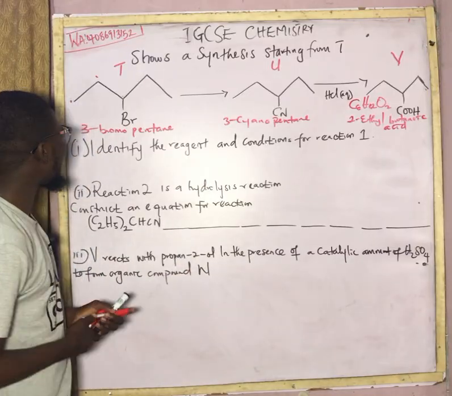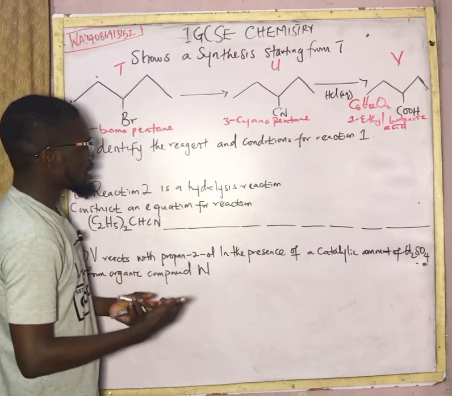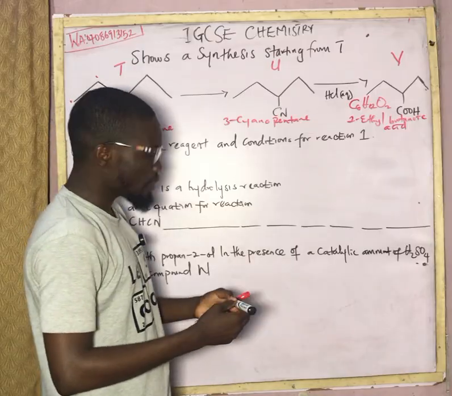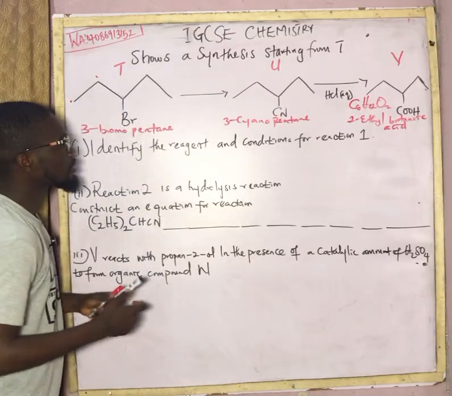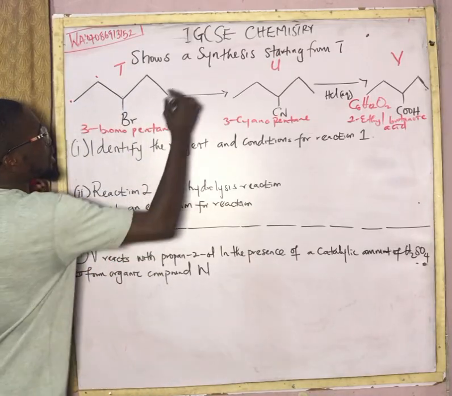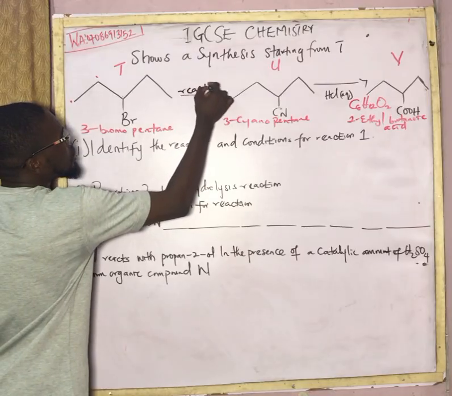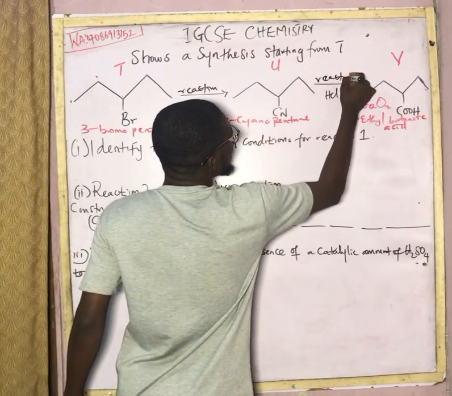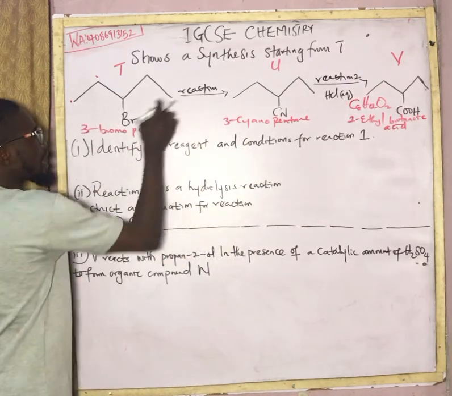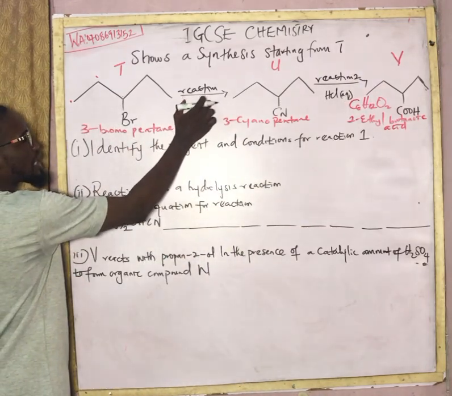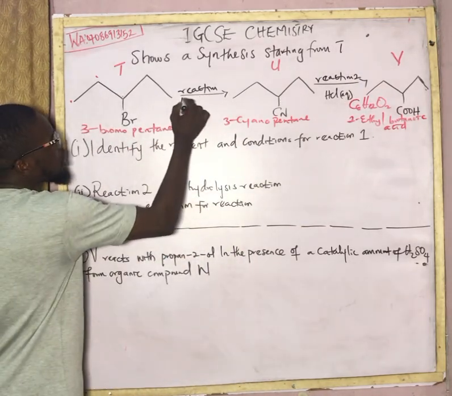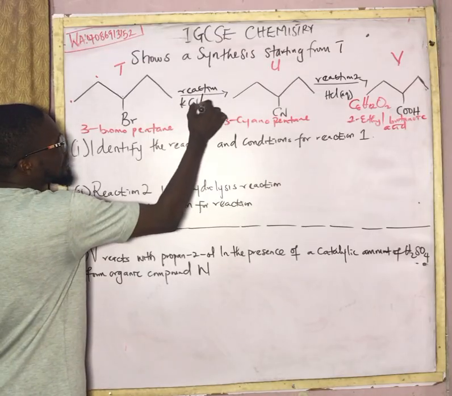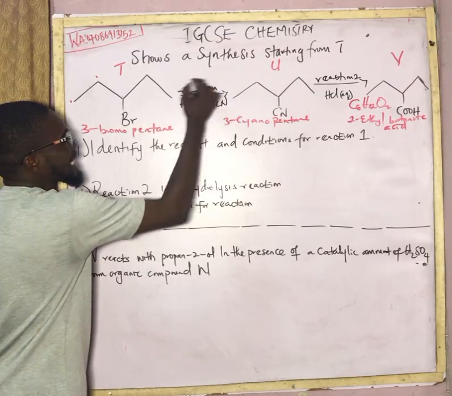Now, the next one is identify the reagent and condition for reaction 1. So guys, for this, we can say this is reaction 1, this is reaction 2. So what is that catalyst or reagent you are going to use here? Either we make use of potassium cyanide or we make use of sodium cyanide.